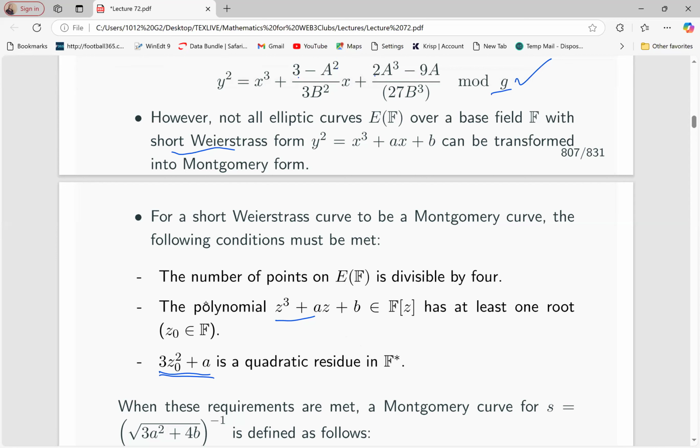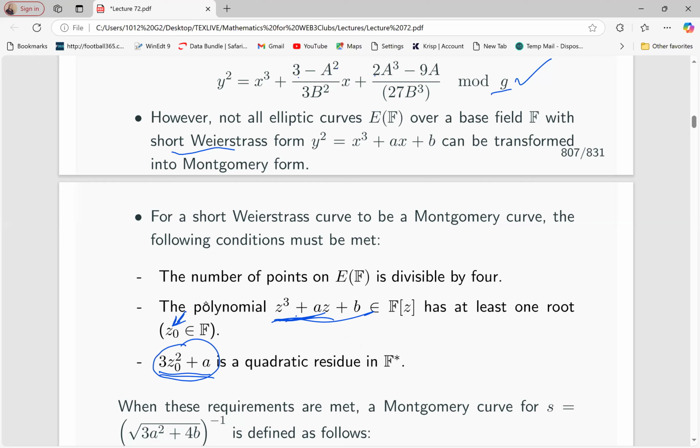We talked about this quadratic residue even yesterday. What it means is that after substituting into this equation, you get a root here. We are assuming that our root here is z0.